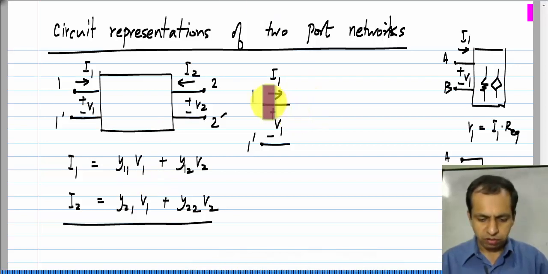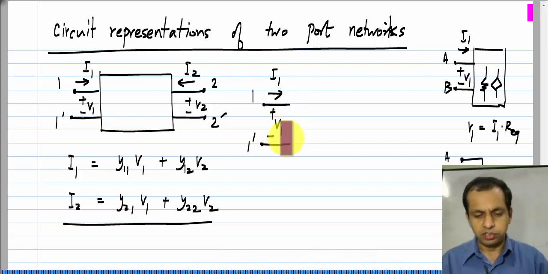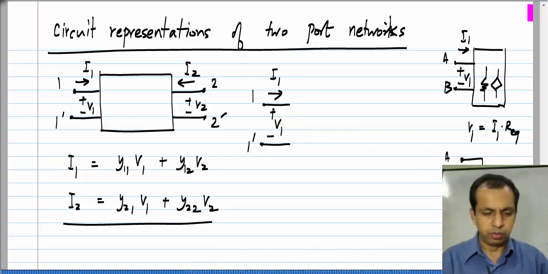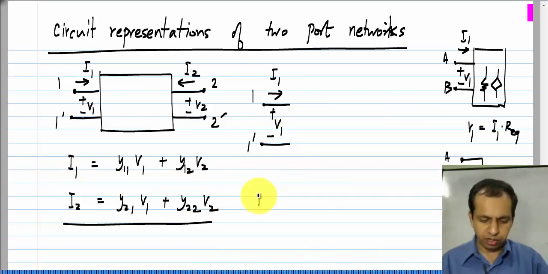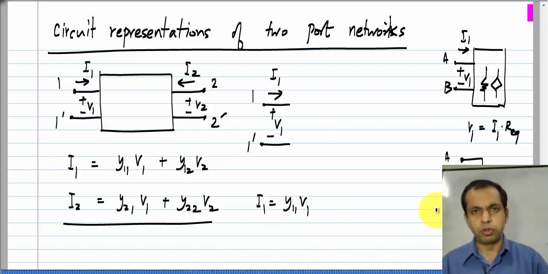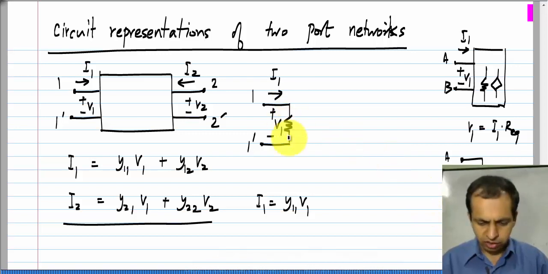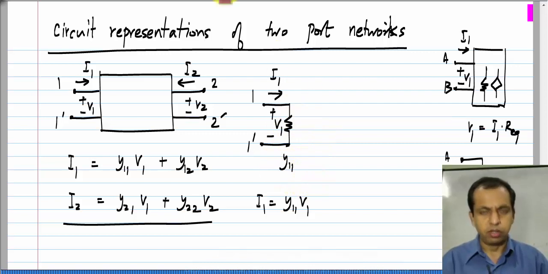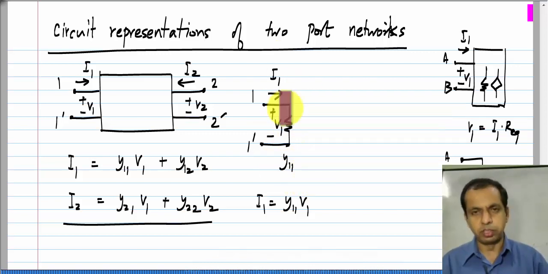So, it is flowing into port 1 and it is also related to the voltage between the same two terminals 1 and 1 prime. Okay. Clearly, if we had just this part, let us say I1 equals y11 times V1, that would correspond to a conductance or a resistance. Okay. So, if I have a conductance whose value is y11, it will draw a current which is y11 times V1, because it is placed across V1. Okay. Across this conductance we have a voltage V1.